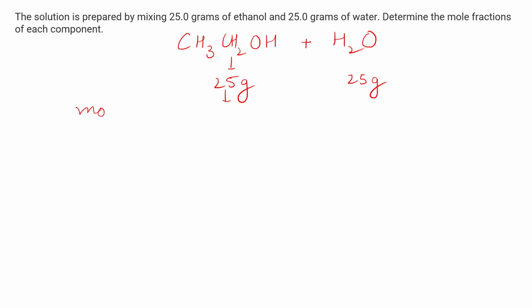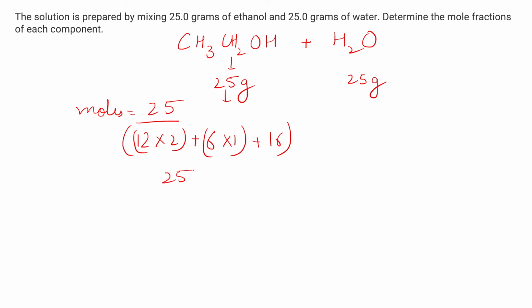You need to calculate the moles of this. So moles is defined as mass given divided by molecular weight. What is the molecular weight? We have two carbons plus 6 hydrogens plus 1 oxygen.